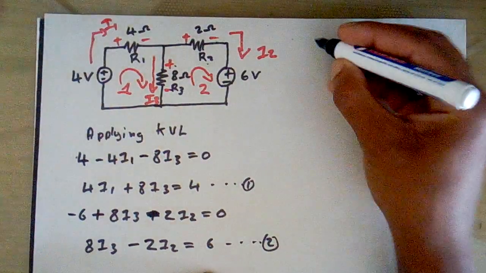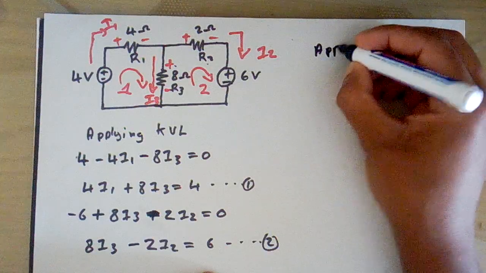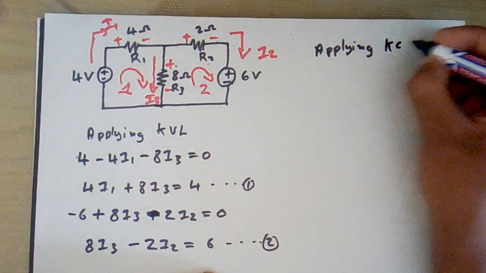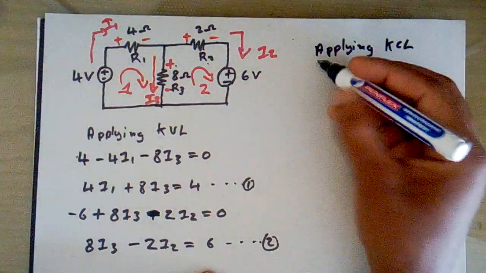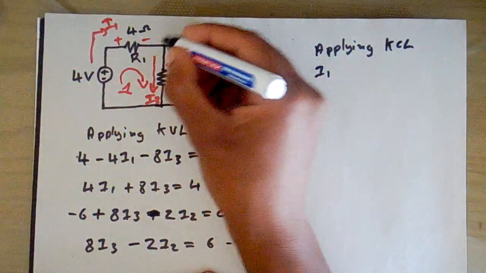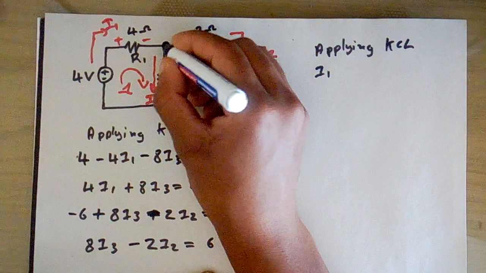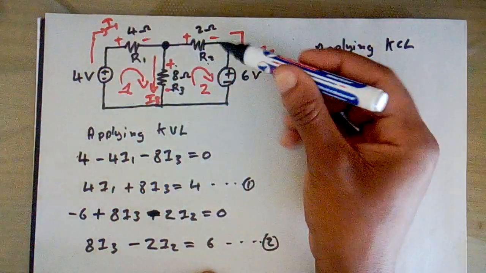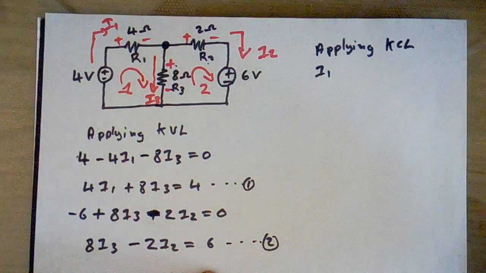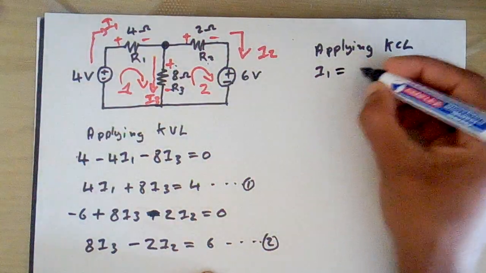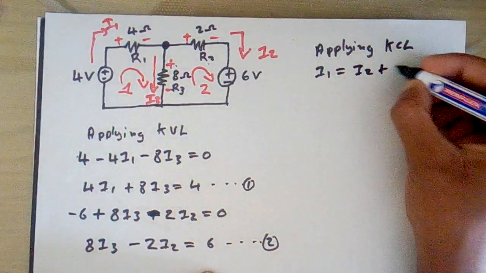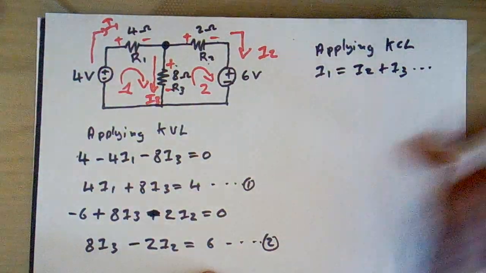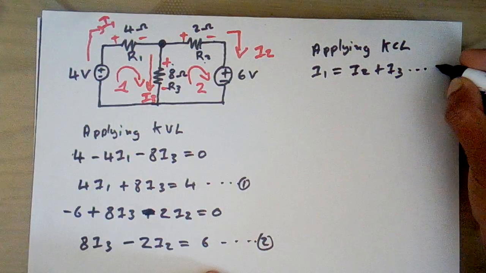Now, by applying KCL at this point, you can see that I1 is entering, and I2 and I3 are leaving the point, so therefore I1 equals I2 plus I3. We're going to call this equation 3.